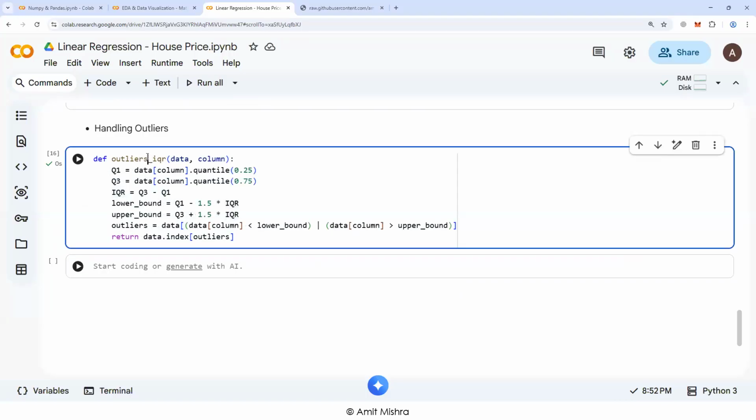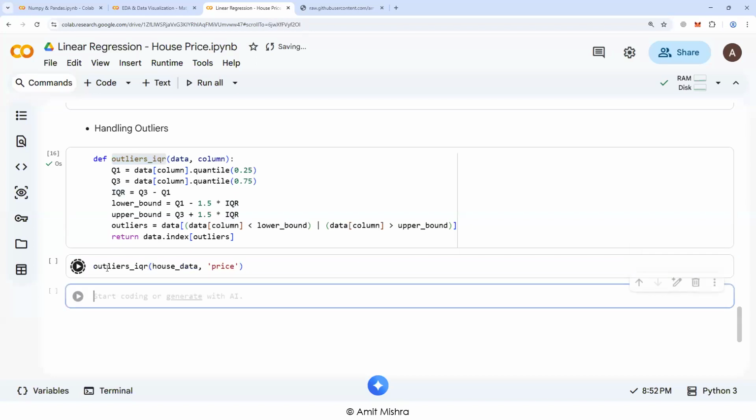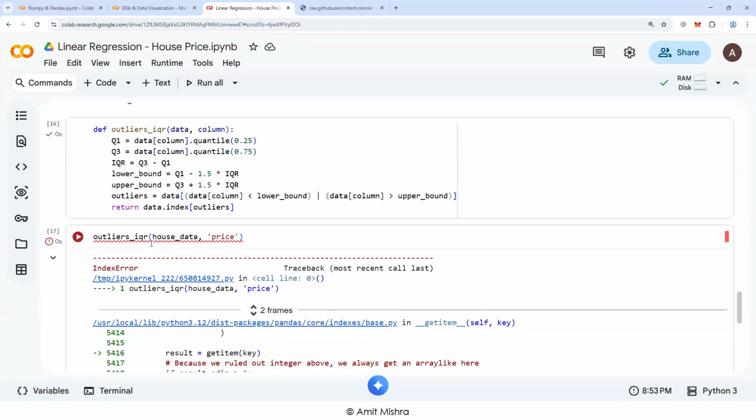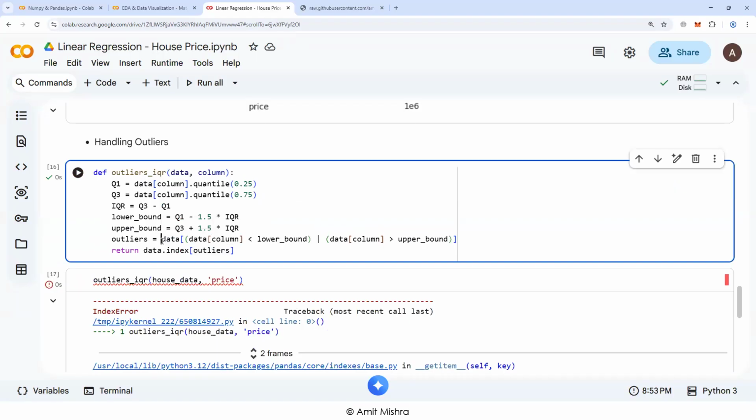Now let's take here my outliers, which is your interquartile range, and let's provide the sample data, which is house data and the price of the house. And there is some problem here. Let me just check. Yes, instead of getting data, you should have this.